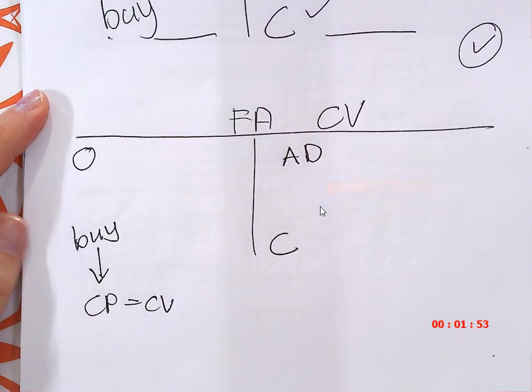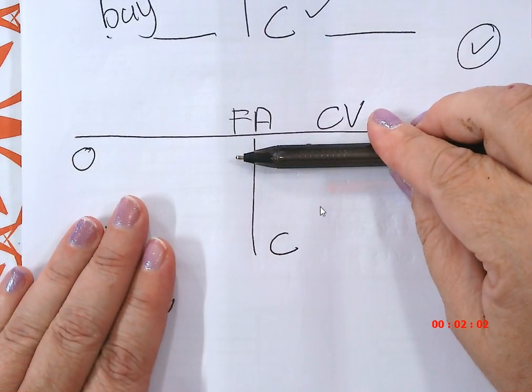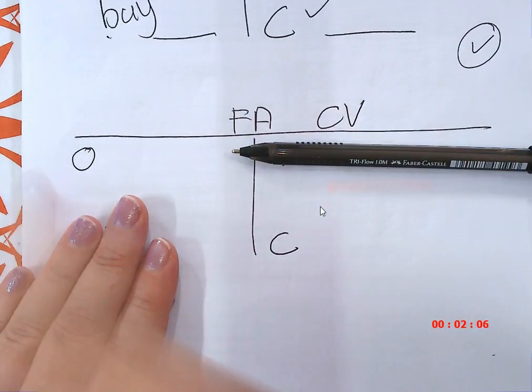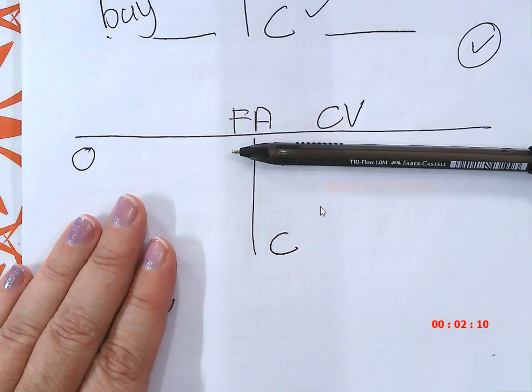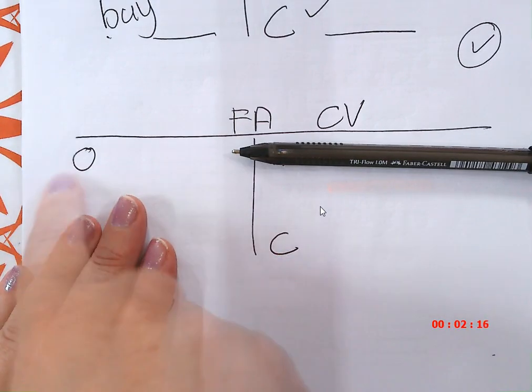Is everybody with me? Now, what is the difference? Let's say I didn't buy or sell. Let's say I have an opening carrying value and a closing carrying value. What's the difference between the two? There's a difference. This one is going to be lower than that one. Why?